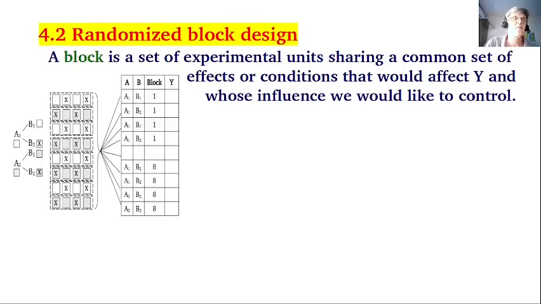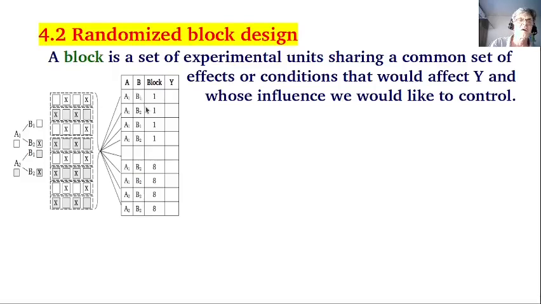So here, in dashed line, we have a given block, a set of conditions that are common to these four sampling units, these four experimental units, to which we applied the combinations A1 and B1, A1 and B2, A1 and B1, and A1 and B2.